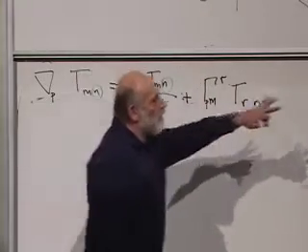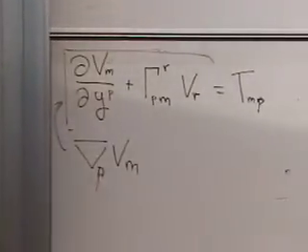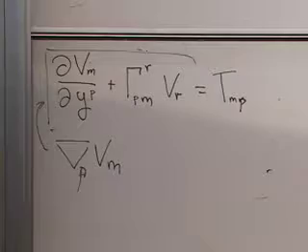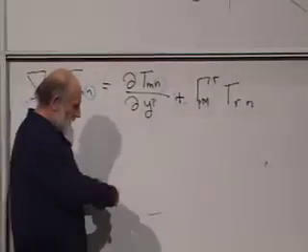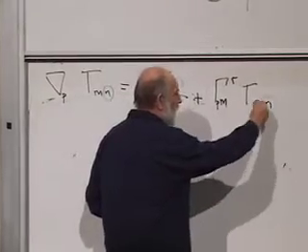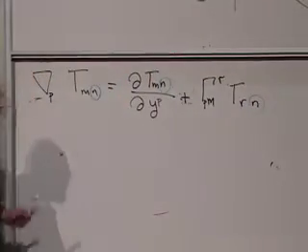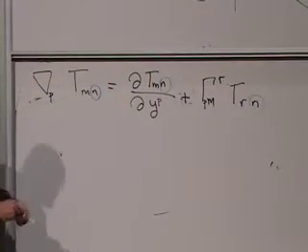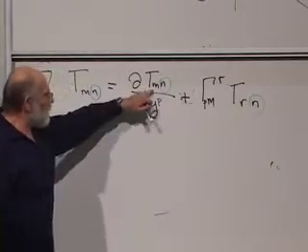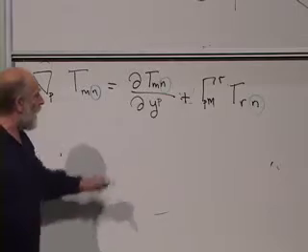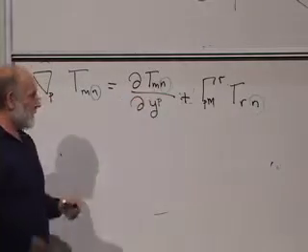I've done exactly what I did over here, except with an extra index here, just riding along, just traveling along for the ride, doing nothing. But that's not the whole story. The rest of the story is to add another term in which you turn a blind eye to the index m.